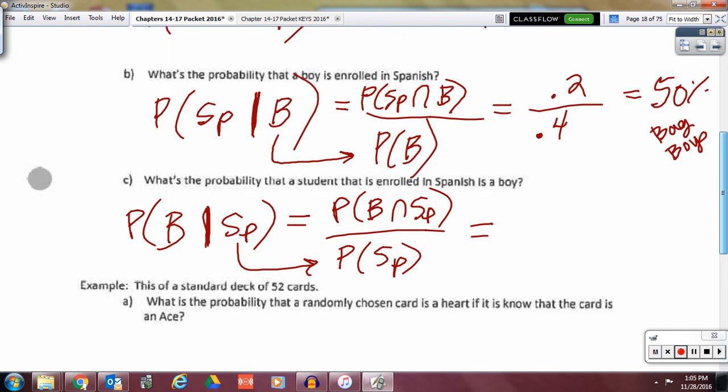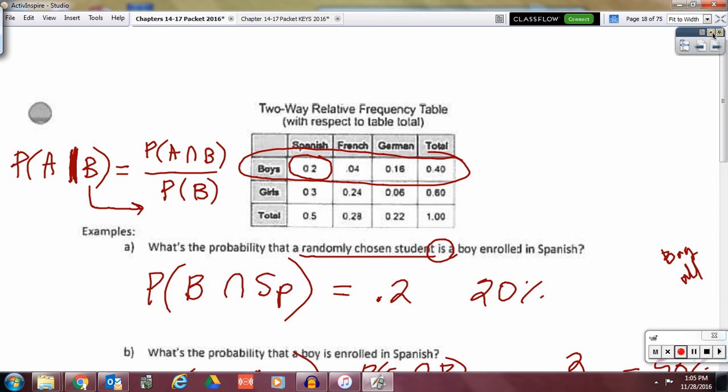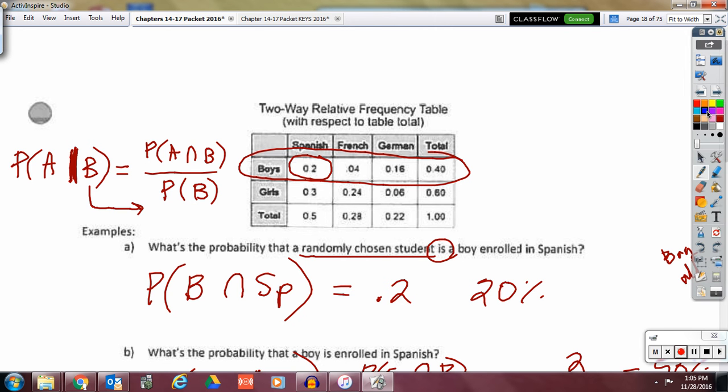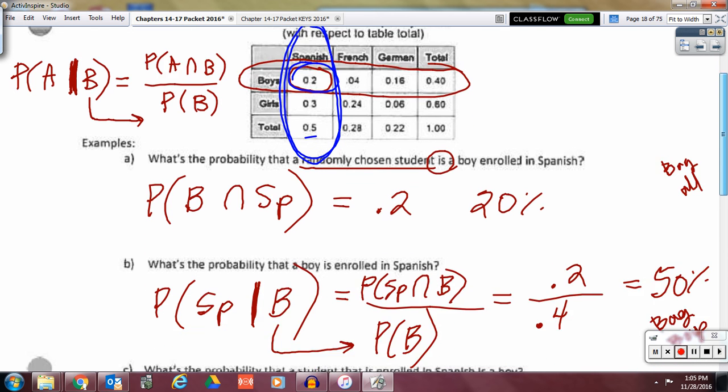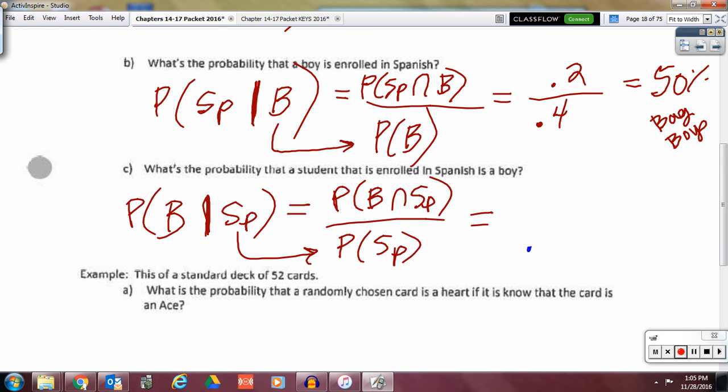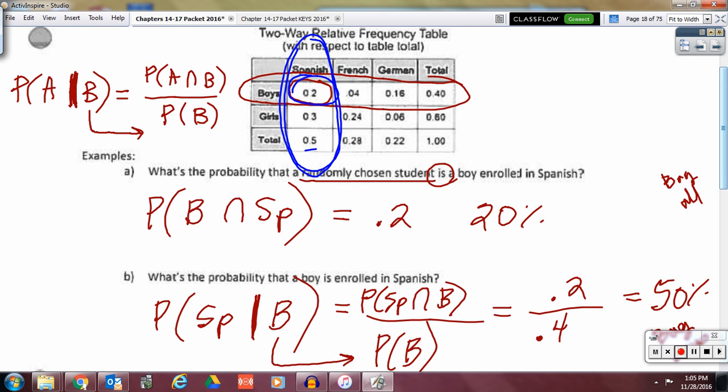All right. So let me circle my bag that I got going on here. So now I got a Spanish bag, not a boy bag, a Spanish bag. Okay, so what's made up in my Spanish bag? The total of my Spanish bag is 50% of the total population, of which what portion is the boys and Spanish?